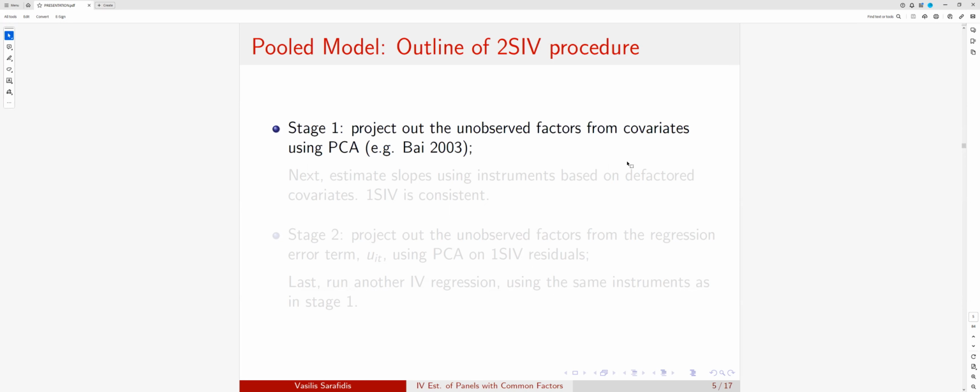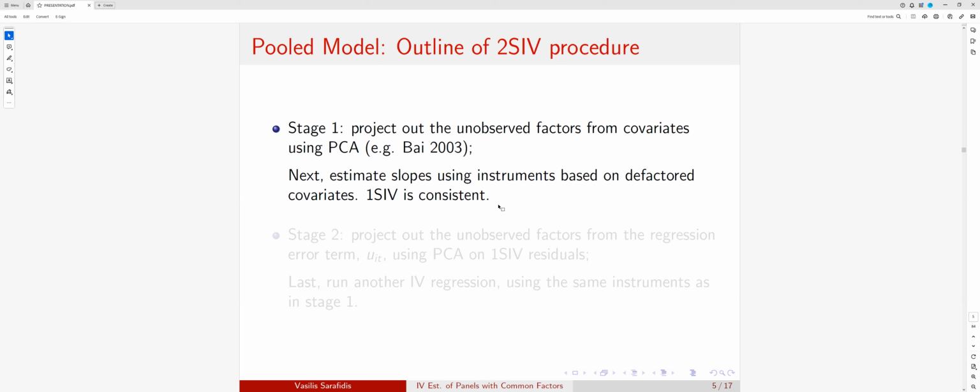So in step 1, we project out the unobserved common factors that influence X using principal components analysis, PCA, and then we estimate the slope parameters of the model using instrumental variables with instruments constructed from defactored regressors.